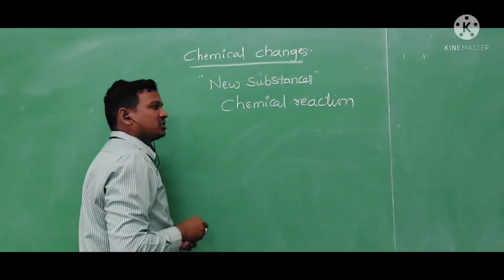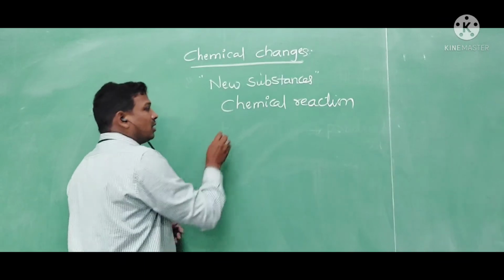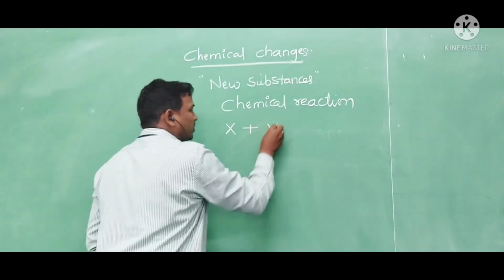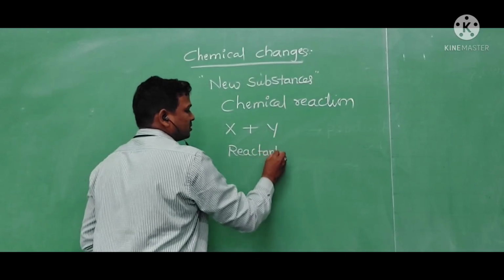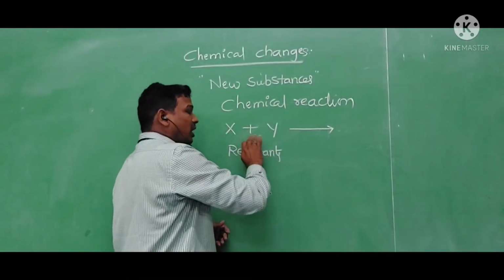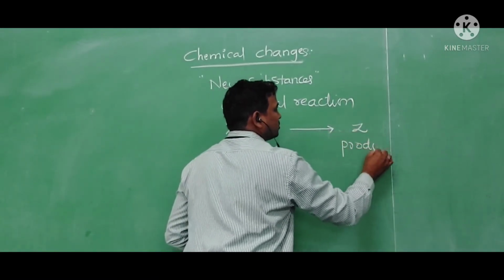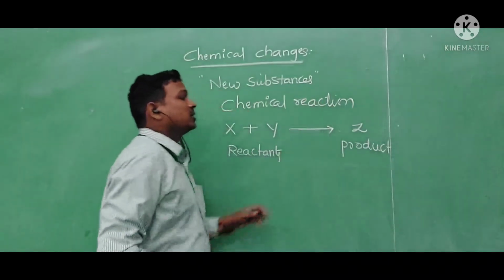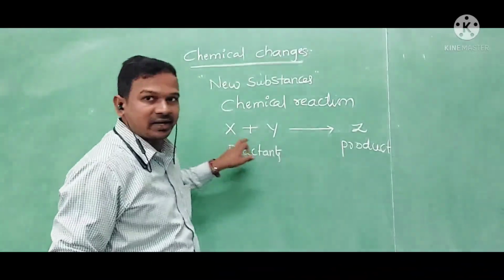In this chemical reaction, the substances which are participating are called reactants. After the chemical reaction, a new substance will be formed, that is called the product.